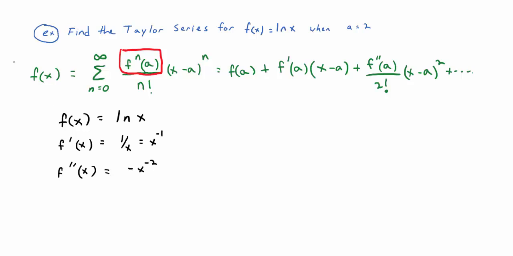You could write it as negative 1 over x squared, but to save room, I'm going to leave it as negative x to the negative 2.